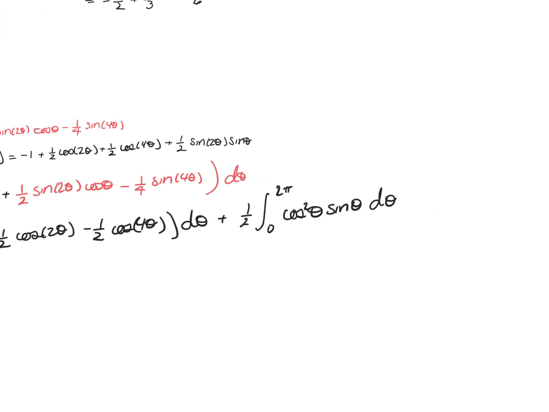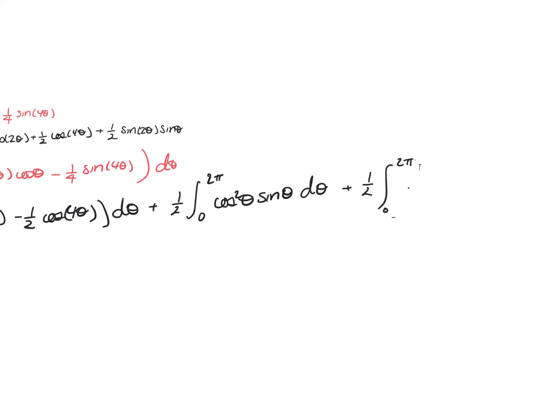All I'm doing is just breaking it up into the easier integrations. And then plus 1/2 from 0 to 2 pi of the cosine theta, the sine squared theta, d theta.